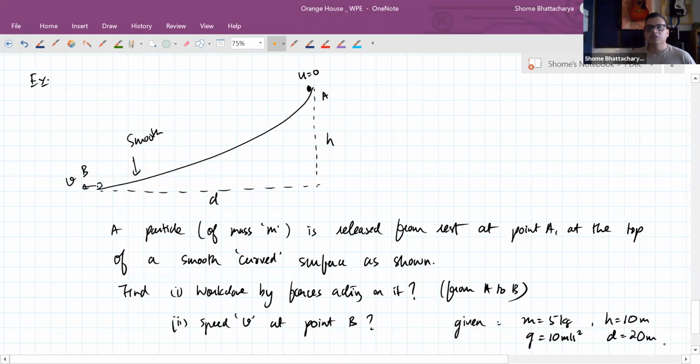But we have to be a little bit careful about what method we'll use for calculation of work done for each of the two forces, weight and normal reaction.